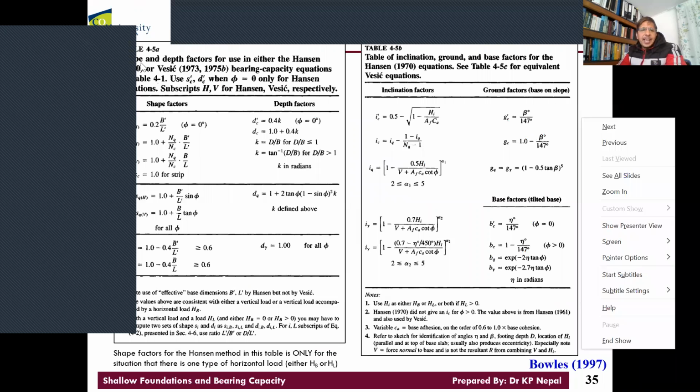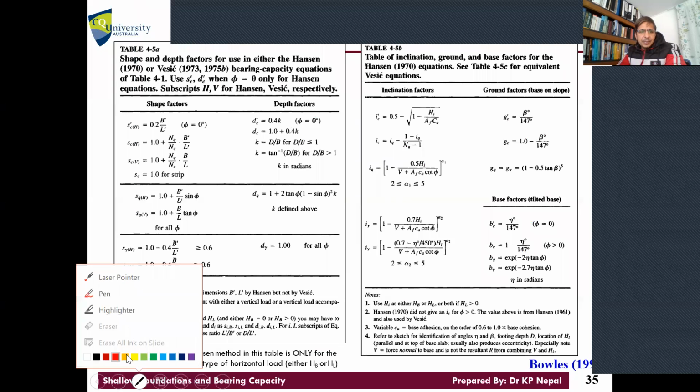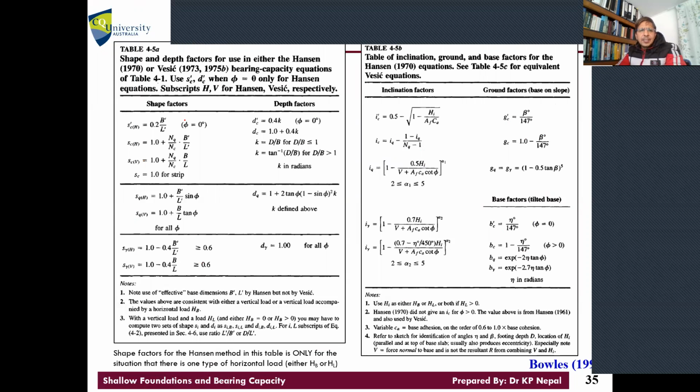Okay. So now, in this case, we are looking at the clay layer, so you need to use this equation for S_c. You see this equation. What is B dash by L dash? B by L, which is 2 by 2, is 1, right? So S_c is 1.2. Okay, now what is S_q? S_q is this, right?